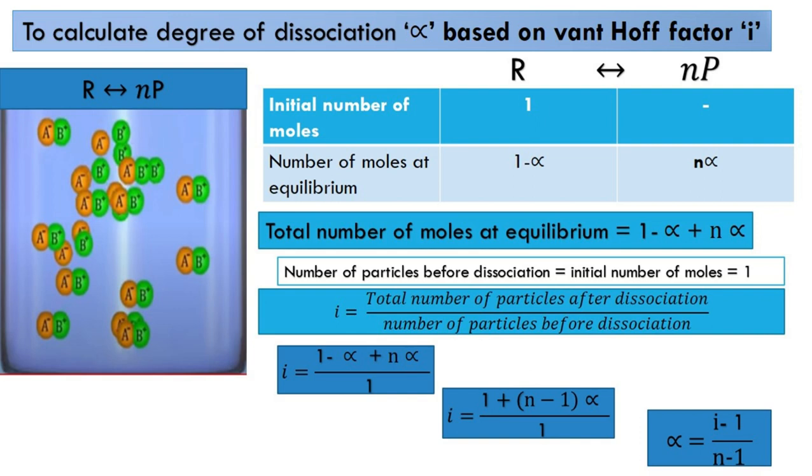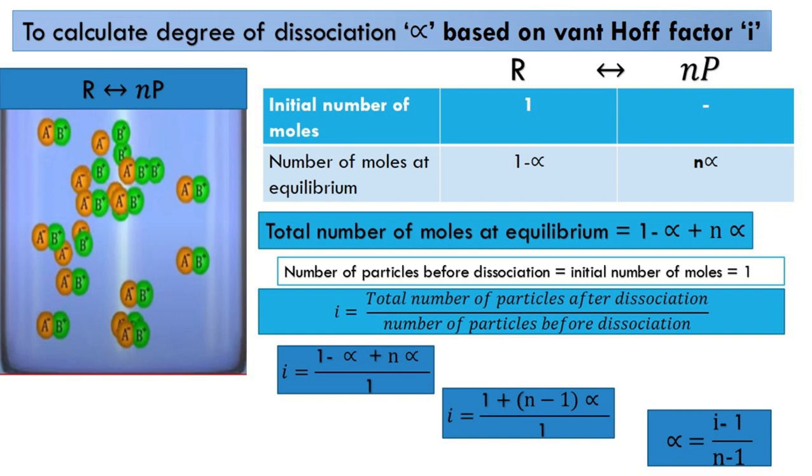At equilibrium, let alpha moles of product P be formed. So the reactant R remaining at equilibrium will be equal to its initial concentration, that is 1, minus the number of moles of product formed, that is alpha. So it will be equal to 1 minus alpha.